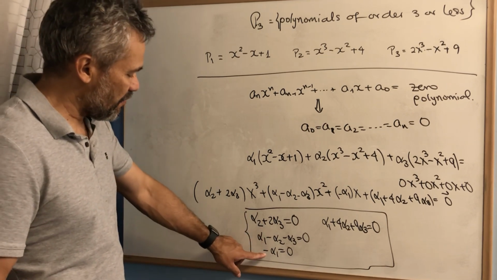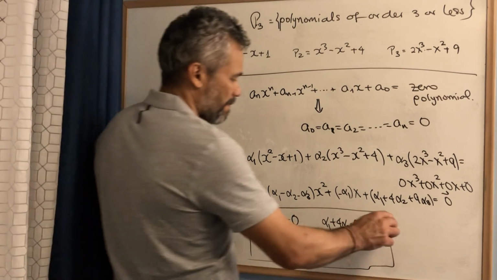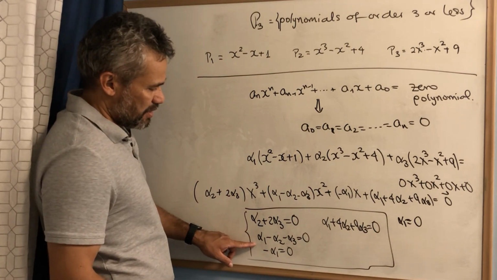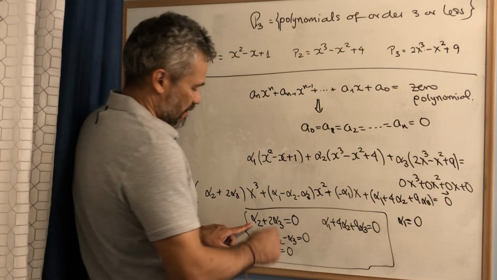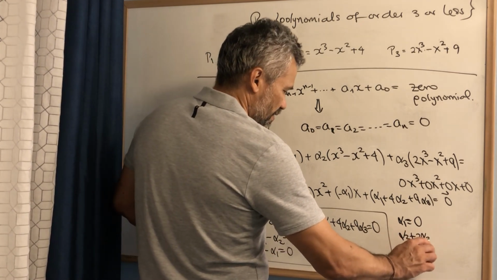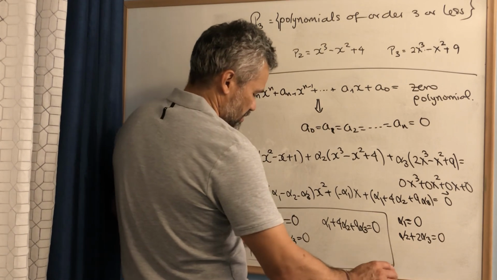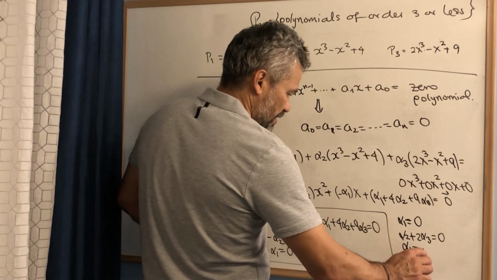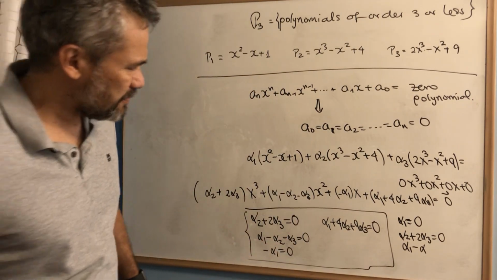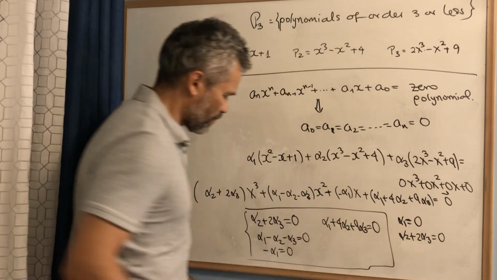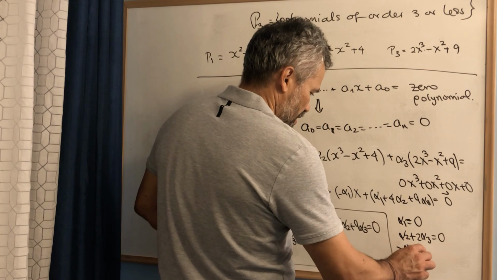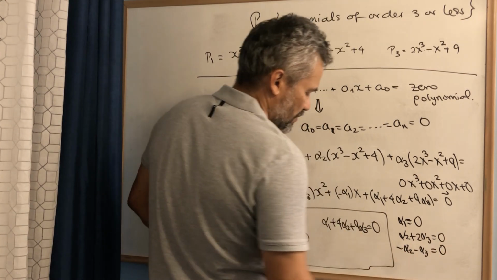But from here we get that alpha 1 is 0. If alpha 1 is 0, then replacing in these two equations, we get that alpha 2 plus 2 alpha 3 is 0, and negative alpha 2 minus alpha 3 is equal to 0.